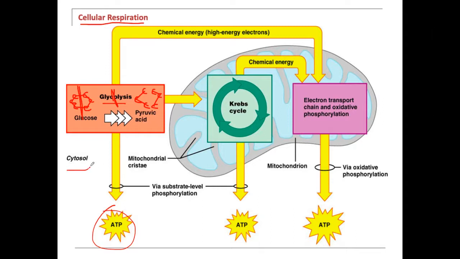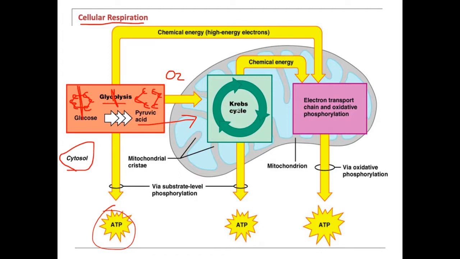And glycolysis takes place in the cytosol of the cell. It does not take place in the mitochondria. What happens in aerobic respiration, if oxygen is available, pyruvic acid can enter the mitochondria, and that's where the Krebs cycle takes place.